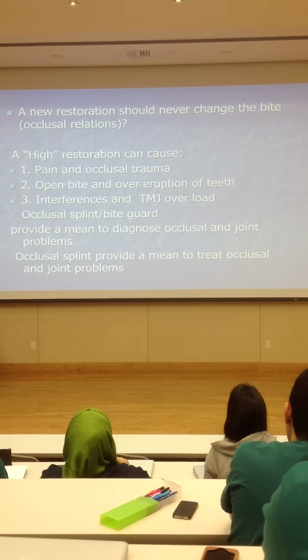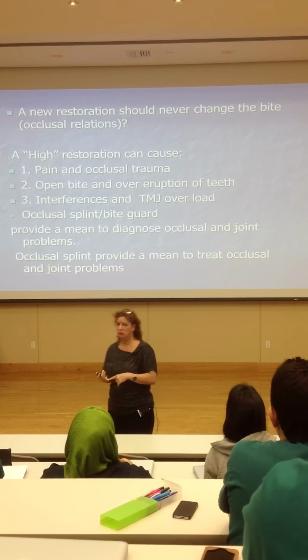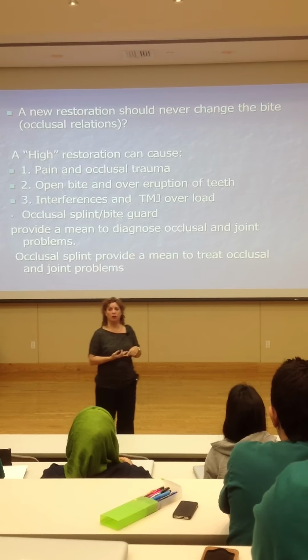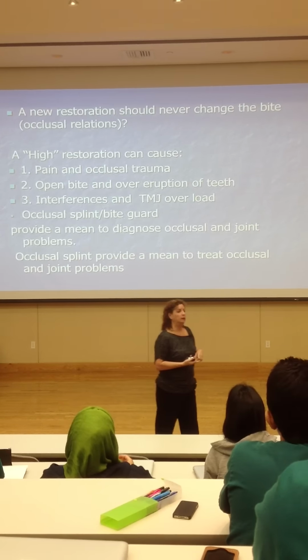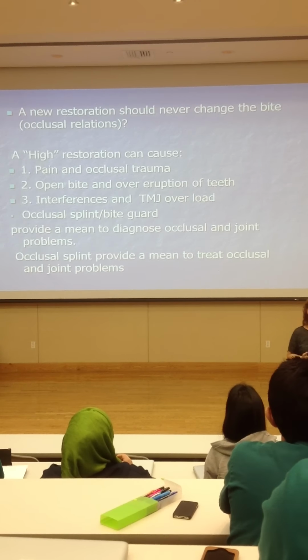Okay. Occlusal splint, guard. We talked a little bit about TMD. And the main thing that I tried to show you was, first, we don't know anything. Second, we should not treat anything we don't know about. Third, that you have to take a really good history of the patient.